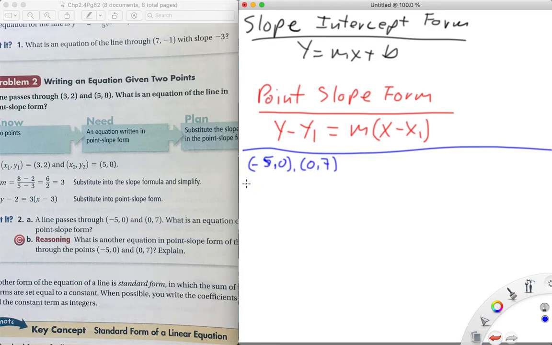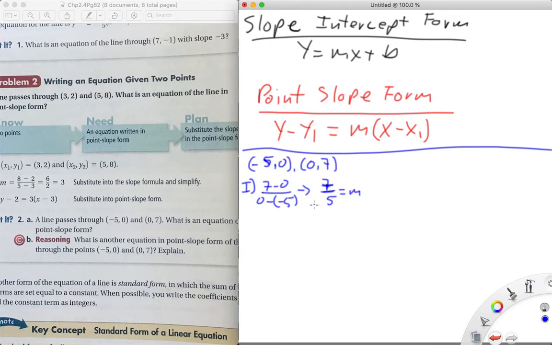Our first step is to find the slope. That's rise over run, so I would say 7 minus 0 over 0 minus -5. So I have a slope of 7/5. So that's our slope.